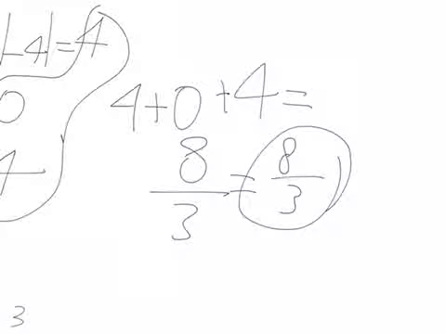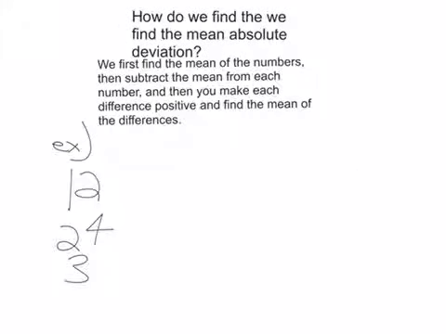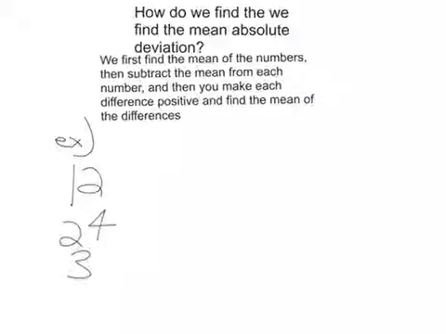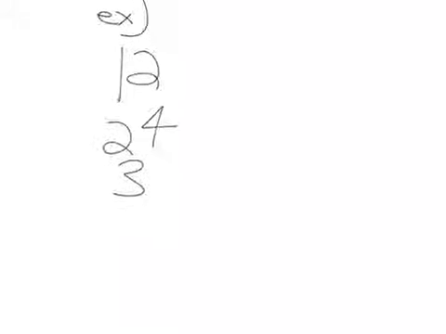Now let's look at another example. Let's try to find the mean absolute deviation of this data set. I have 12, 24, and 3. The first step is to find the mean of the numbers.